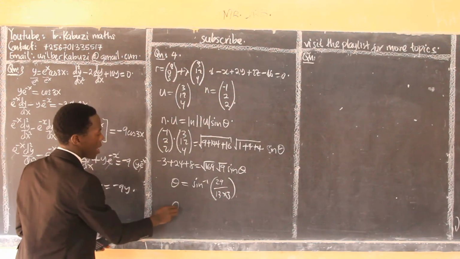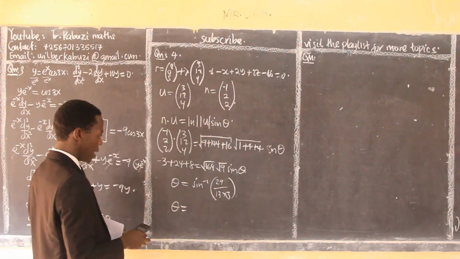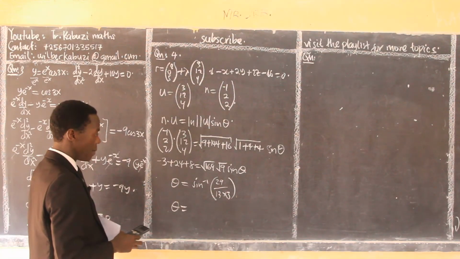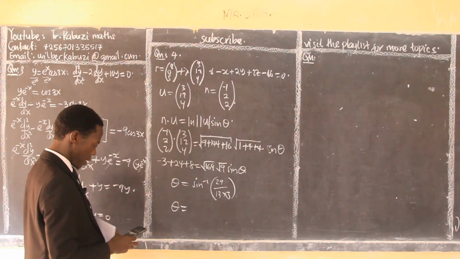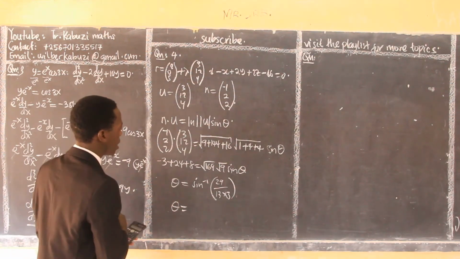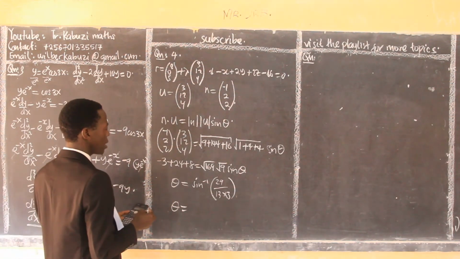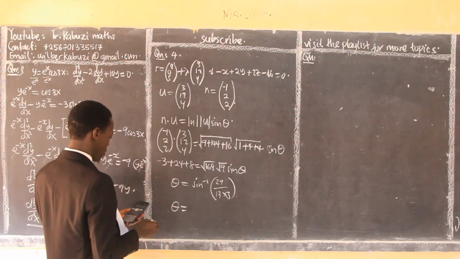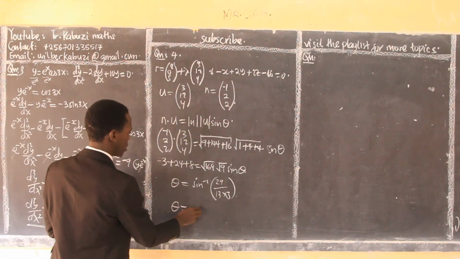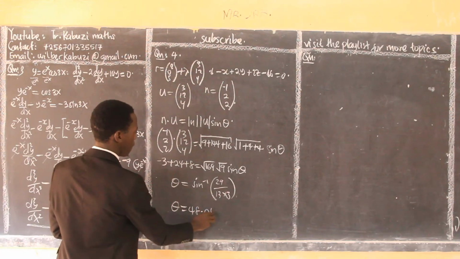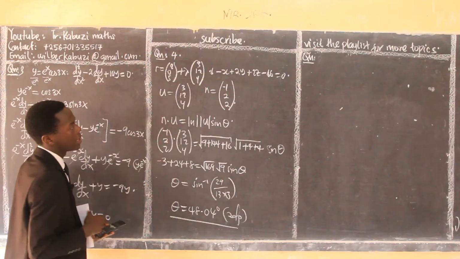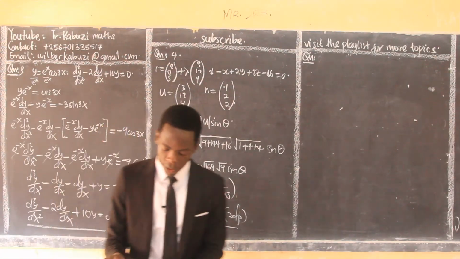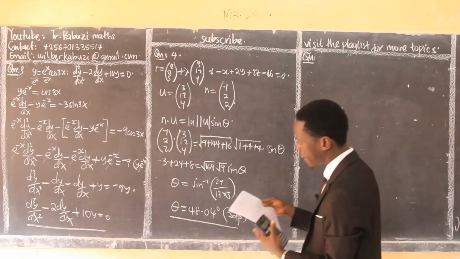And so we give our angle to two decimal places, this one is going to be 48.04 degrees. I'm giving my answer to 2 decimal places. Like that.